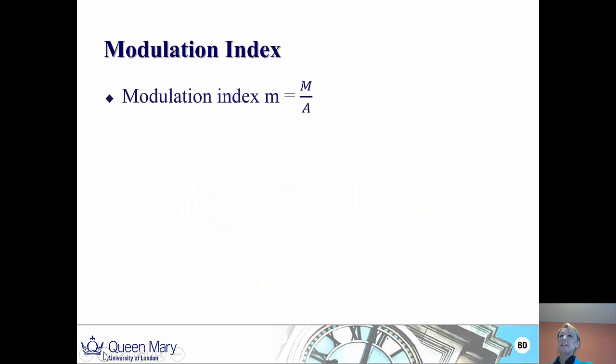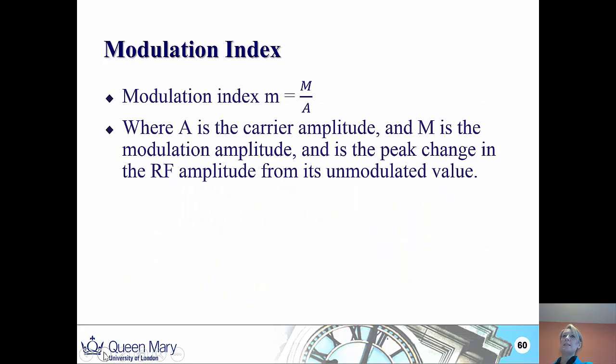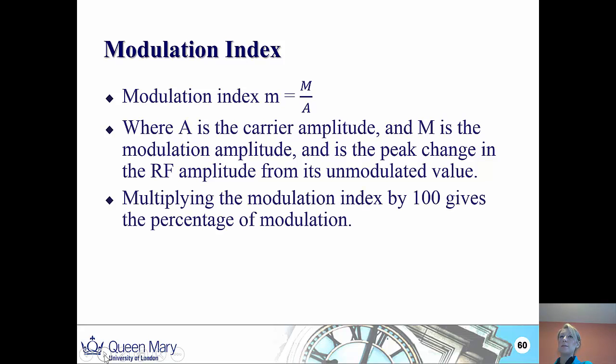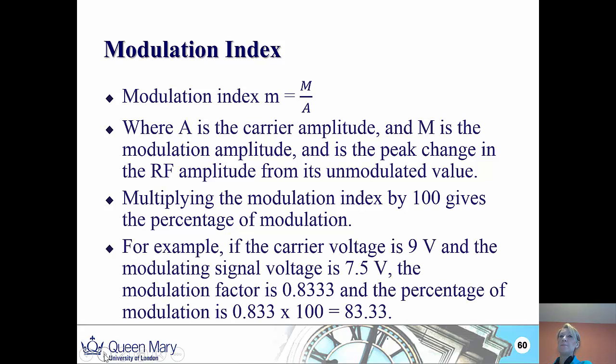So the modulation index, how do we calculate this? We have the modulation amplitude M and we have the carrier amplitude A. And these values are the peak values for both the carrier amplitude and the modulating amplitude. Multiplying this modulation index by 100 gives the percentage of the modulation.